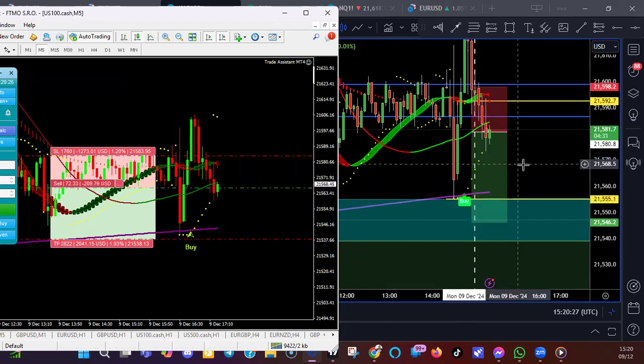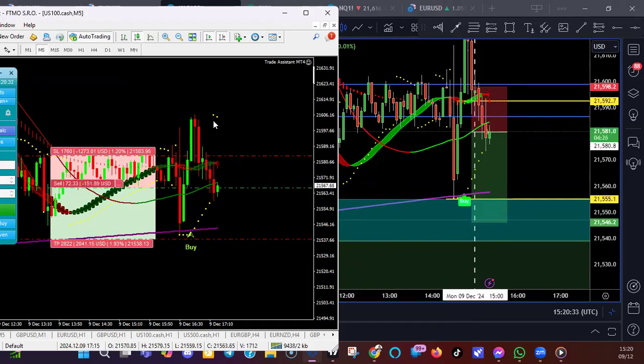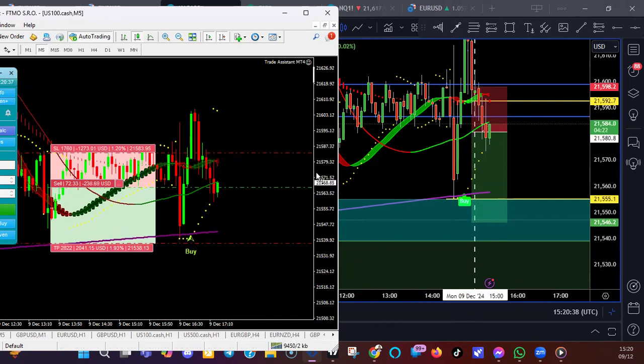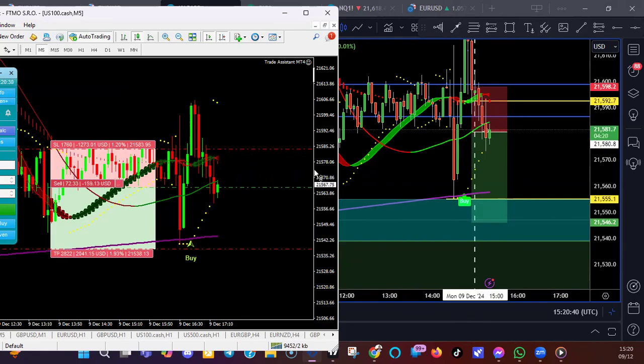The Parabolisaurus flipped to above price on the 5 minute time frame, which I'm very happy about. And now it's reacting off that trend line there. So hopefully it will respect and come down to at least this purple line that we see on the 5 minute time frame.